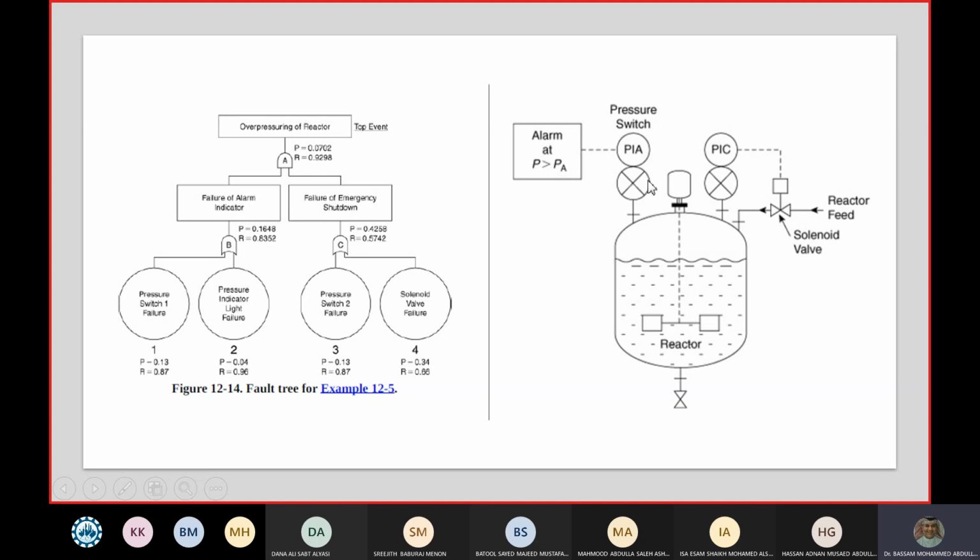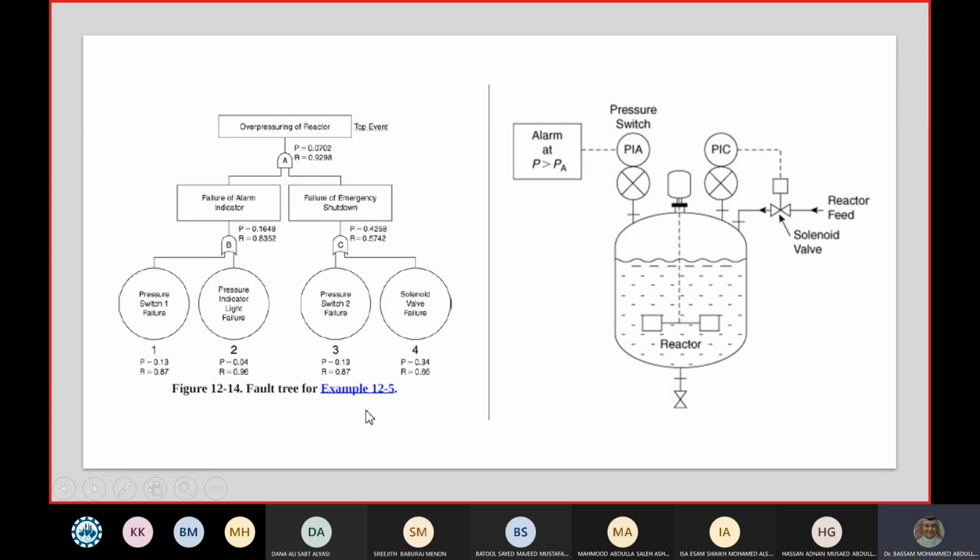So it's either this fails or the light indicator, which means the switch is working, but the alarm light is not working, so the operator does not see it. So it's either this or that. Similarly, for failure of this PIC that we have here, is either this pressure switch is not working or the indicator of the light.